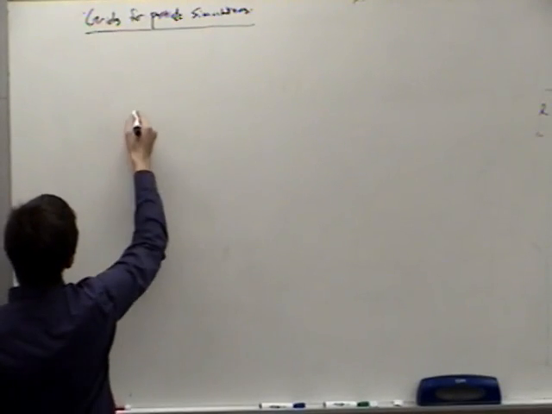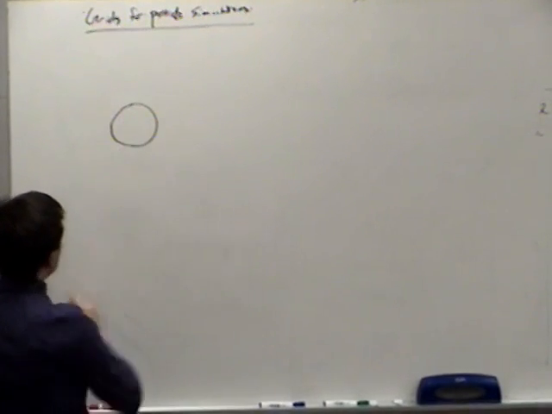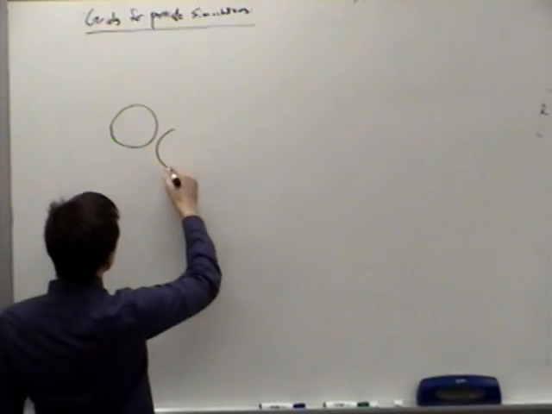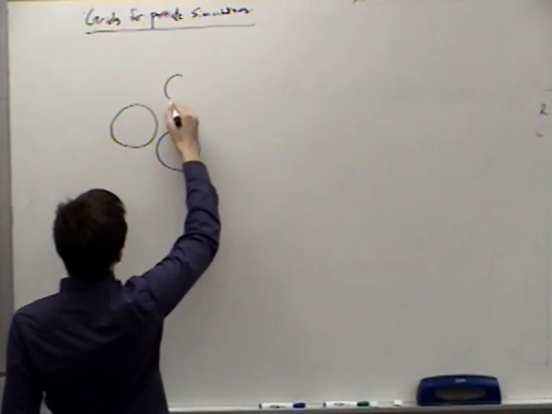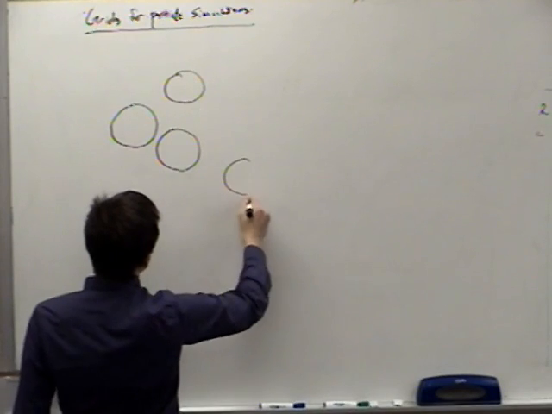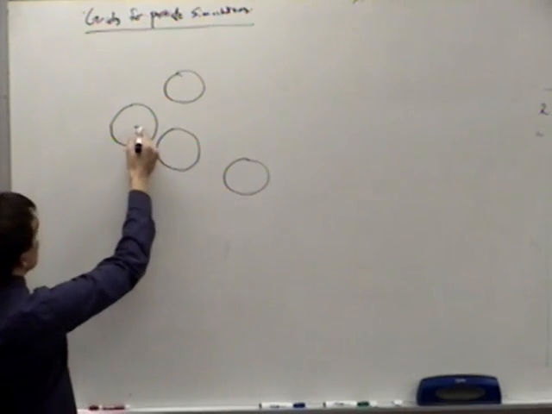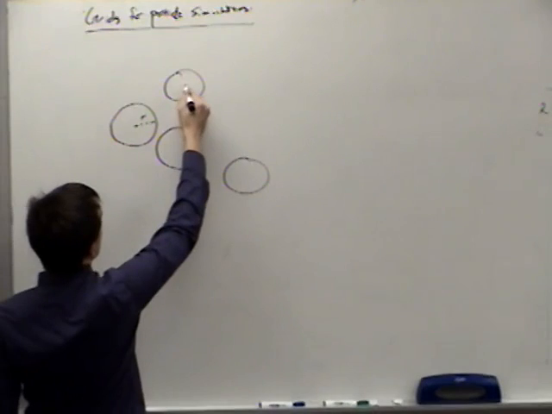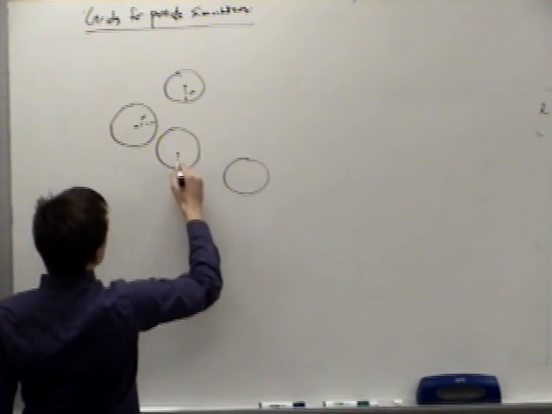So here's the idea: suppose you have a physical simulation where you have a bunch of particles, which are going to be represented by disks of some fixed radius. Each of these has the same radius r.